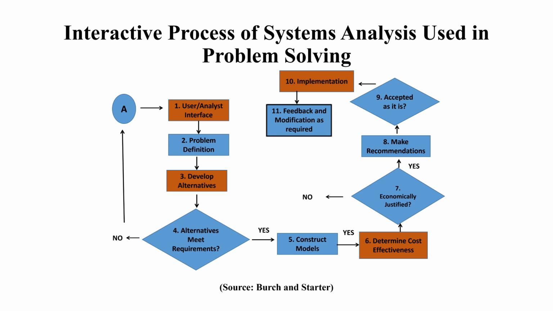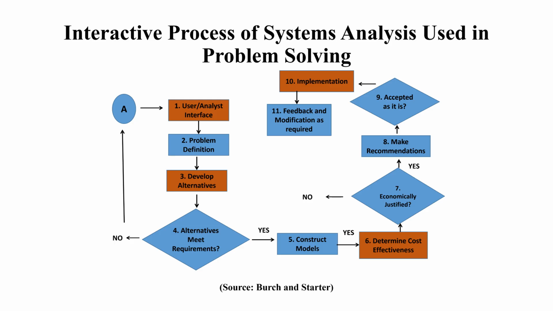For that, constant feedback and modification is also required. So I have discussed the steps of the interactive process of system analysis used in problem solving. But I will now give an example in the case of a library system.